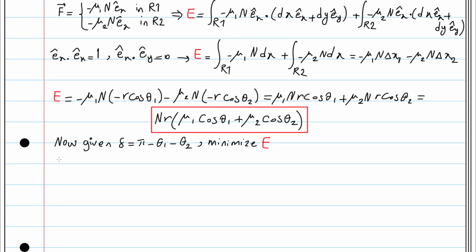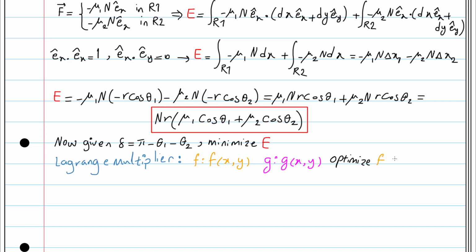A well-known method for solving such a simple optimization problem is using the Lagrange multiplier. I give you a short recap. For a function of n variables, let's say here we have two variables x and y, given the constraint g of x and y, we want to optimize f subject to g equals 0.